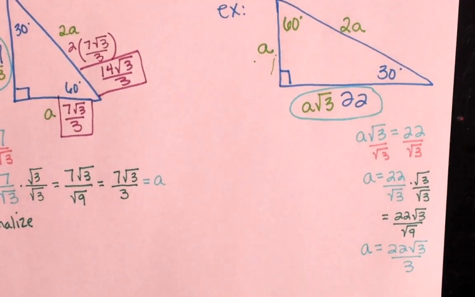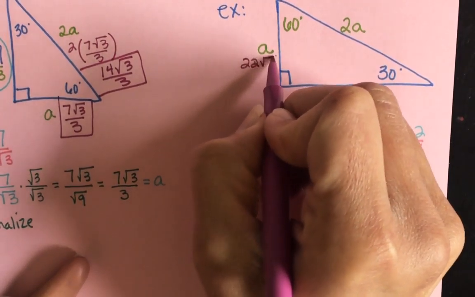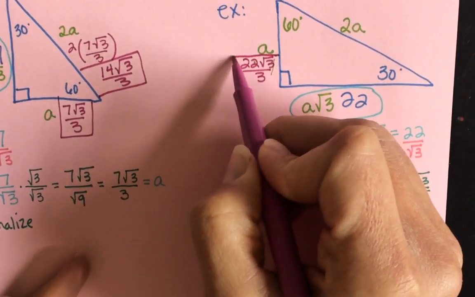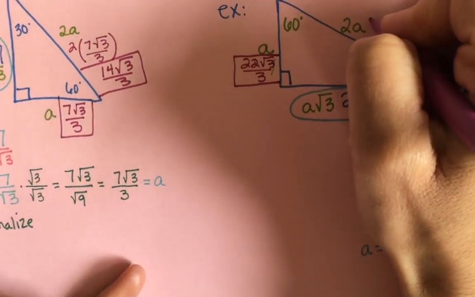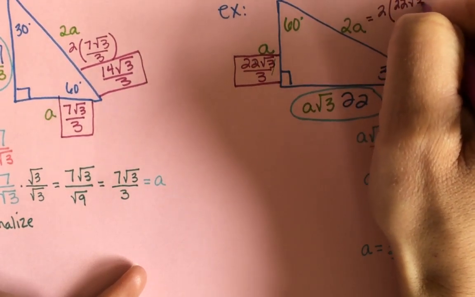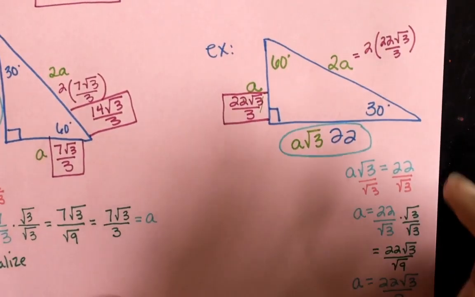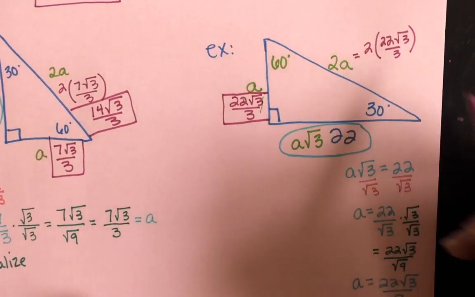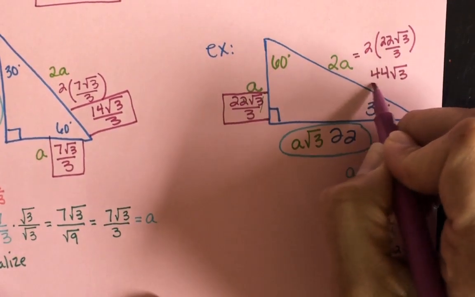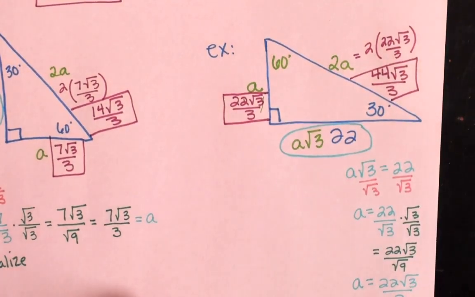So this side is 22 radical 3 over 3, and this side would be 2 times 22 radical 3 over 3. It's not going to cancel because they're not the same. So we end up with 44 radical 3 over 3. And we're done.